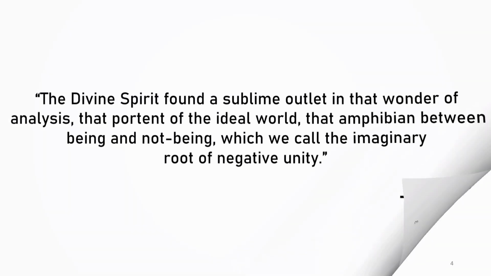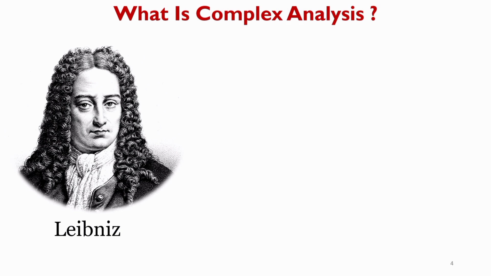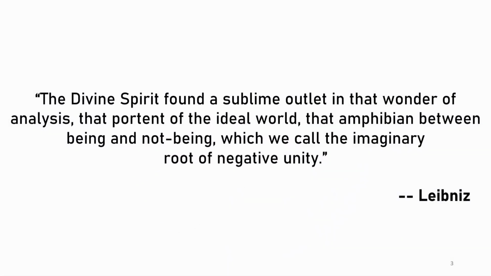If you look into this quotation, let me go back to it once more. There are two very important points. Why did Leibniz call it an amphibian? Because an amphibian lives both in the water as well as on the land. So the imaginary number during that time was imagined as something between the real and the complex plane. He calls it an amphibian between being and not being, because during that time the Pythagoreans had developed number as something divine.